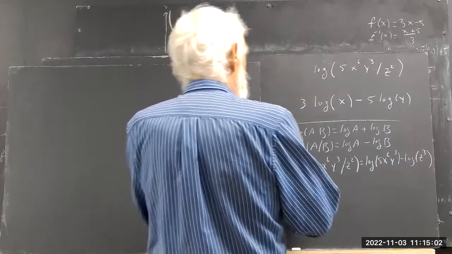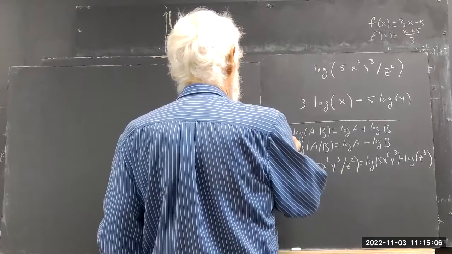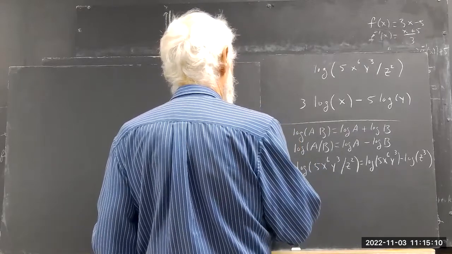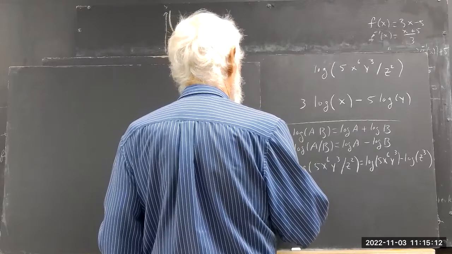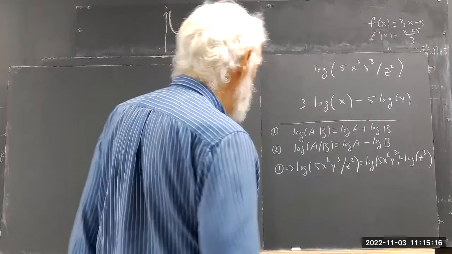Then we can use the first rule. So let's just number these rules. I'll call this rule 1. I'll call this rule 2. Rule 1 applies to the division.